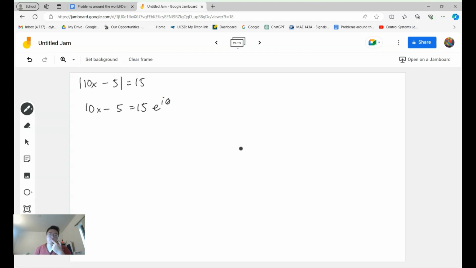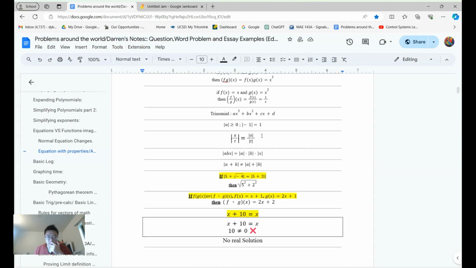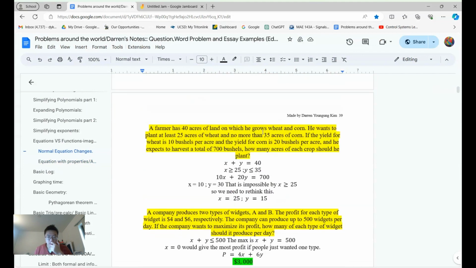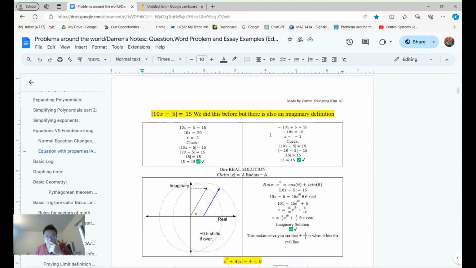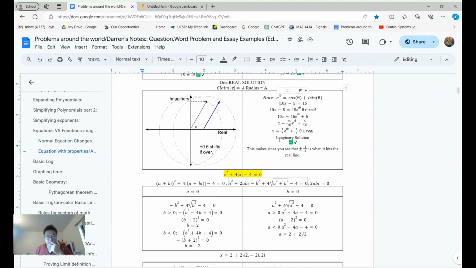You're basically saying e^(iθ) equals cosine θ plus i sine θ, which I don't think I teach you, and I don't think it's part of this lecture. Yeah, no, I don't think I did.